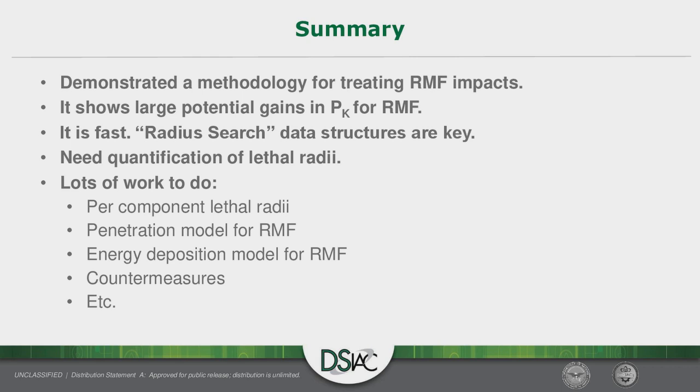And I realize there are lots of assumptions that went into this, and those would have to be examined. By the way, this was unsponsored work, so I did this all on my own. There's plenty of work to do here still. You could have per-component lethal radii. The penetration model for RMF, as I said, is problematic.